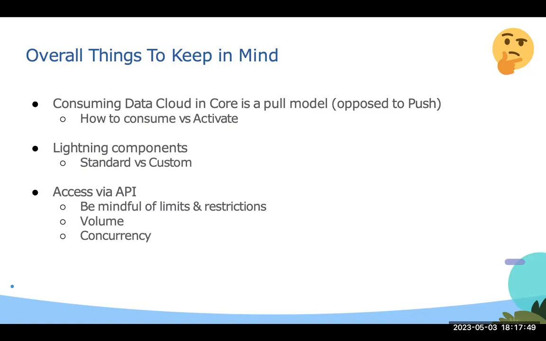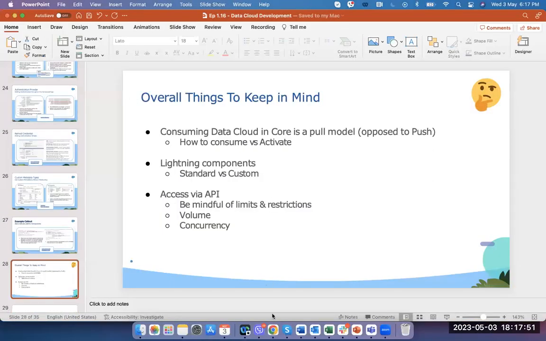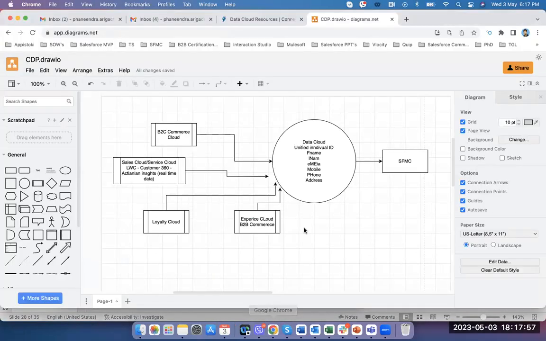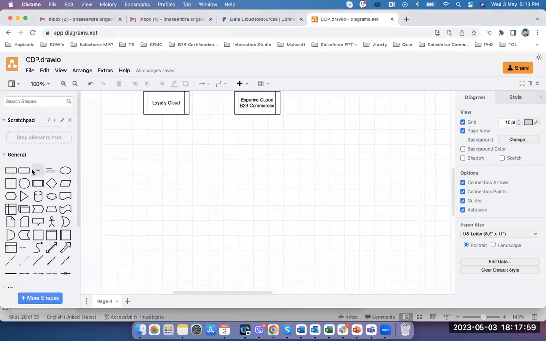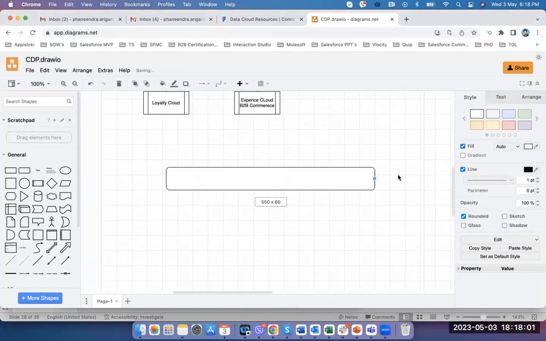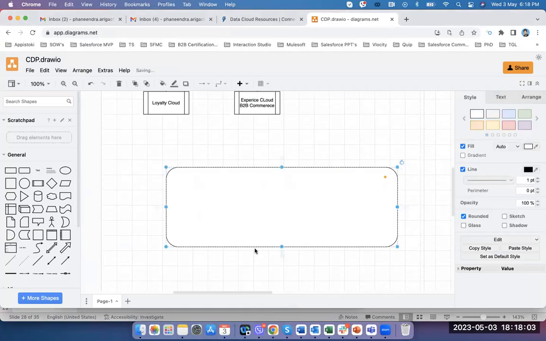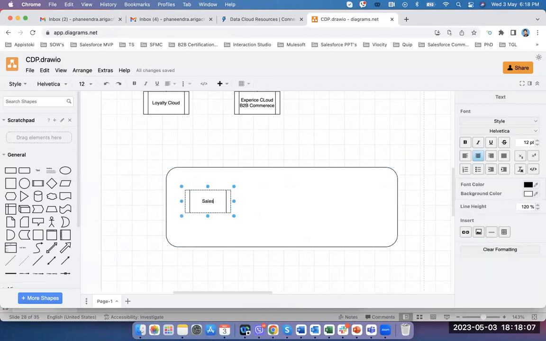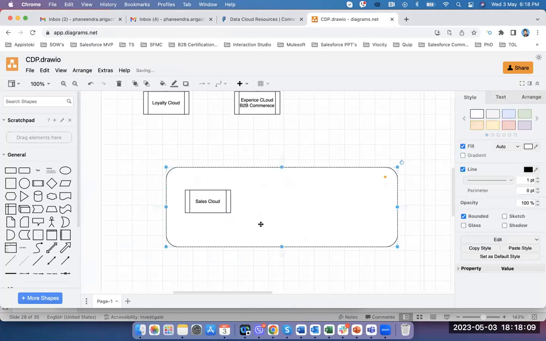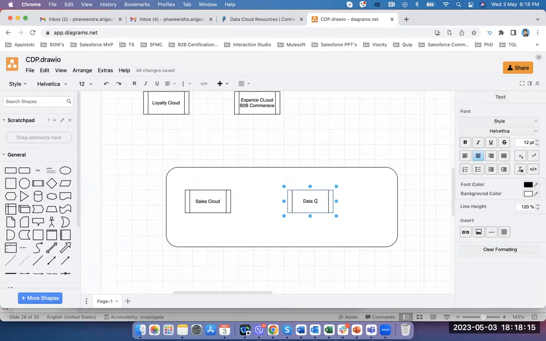There are two things I would recommend when you design your strategy. The one thing is the big picture about whether your two clouds are sitting on the same org. Number one is you already purchased your Sales Cloud, and then you would like to purchase your Data Cloud, and then you can host the Data Cloud within the same org where the Sales Cloud has been provisioned.